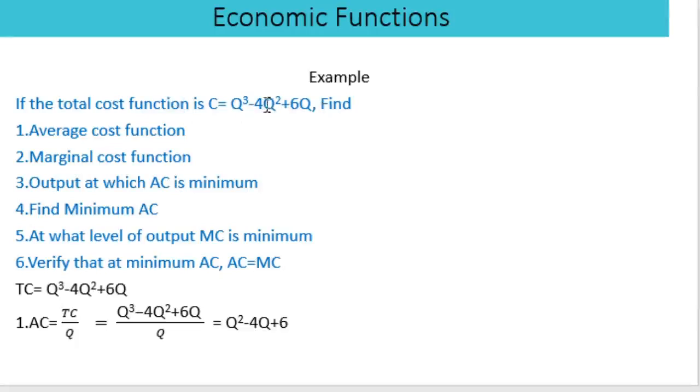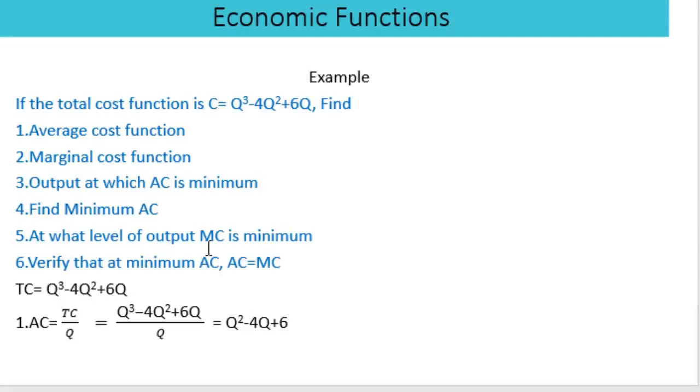The average cost function is this total cost function divided by q. Then the marginal cost function is the first differential of this function. To find the minimum AC, apply the two conditions, the first order condition and the second order condition. Find q and check whether the second order condition is satisfied. Then find the value of minimum AC at the given q.